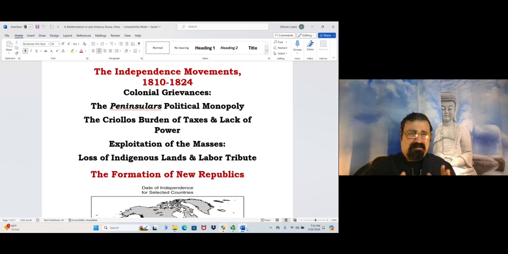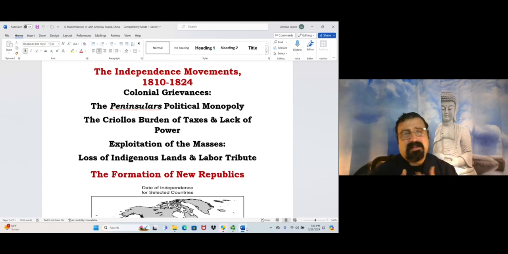The ones that are in charge of the political systems are Spaniards born in Spain. They were known as the Peninsulars. This is going to set the stage for the independence movements, the struggle for power, so to speak.